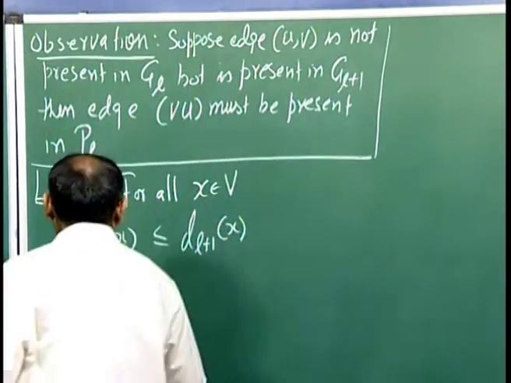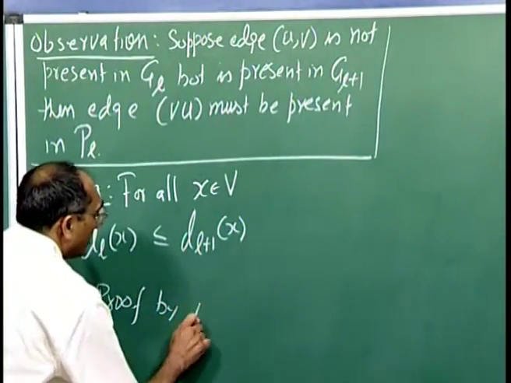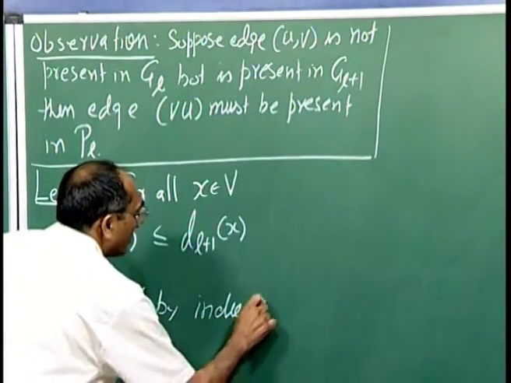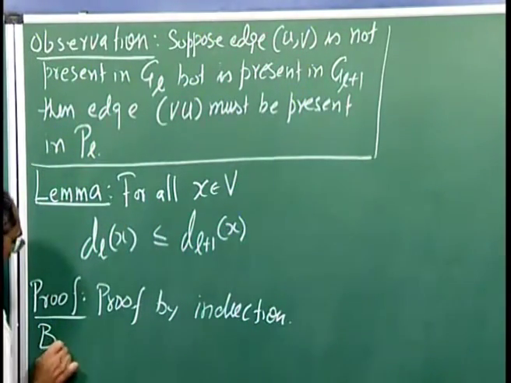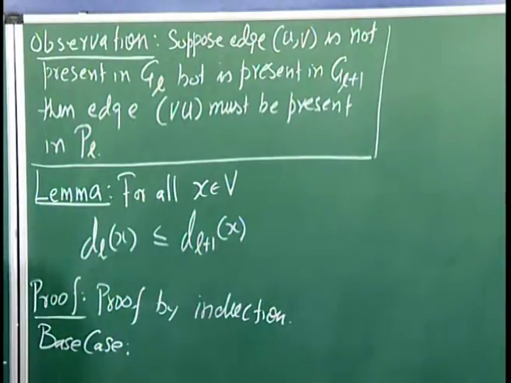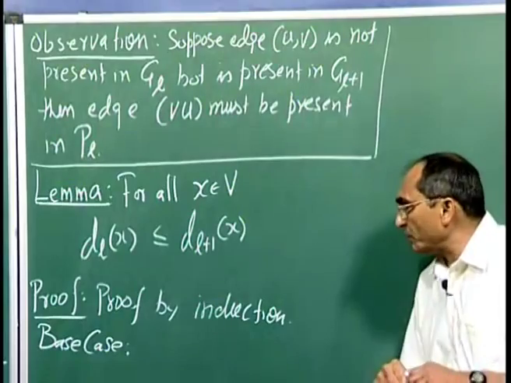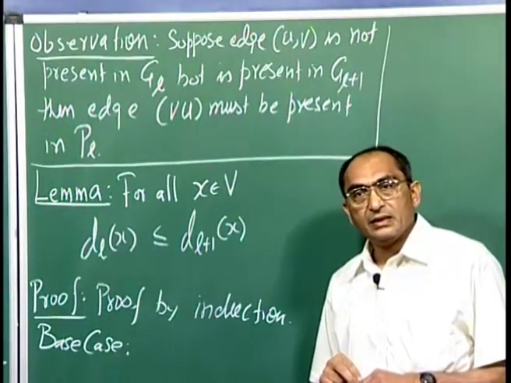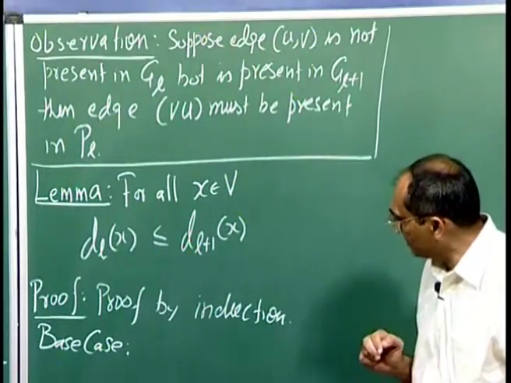Now the base case. Notice that the only vertex which has distance 0 from S is S, and that is true in every single graph.